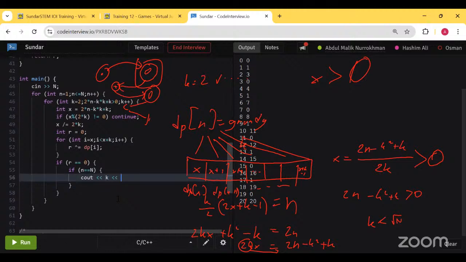So just output the value of k. All right. But if it is not 0, then don't move to that, since we can lose the game. So the best strategy is to make the current XOR of all numbers 0.